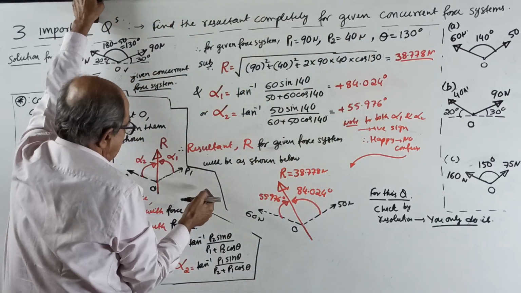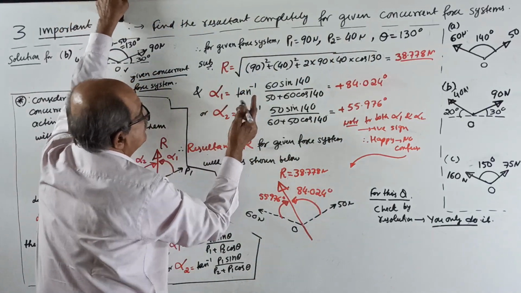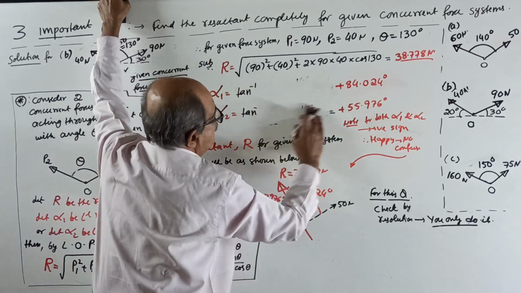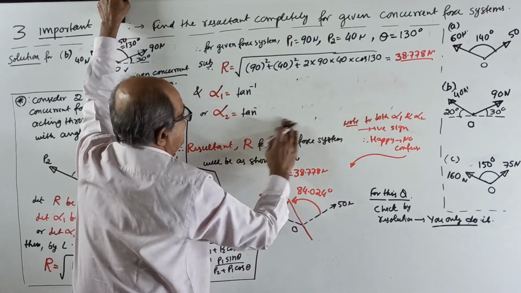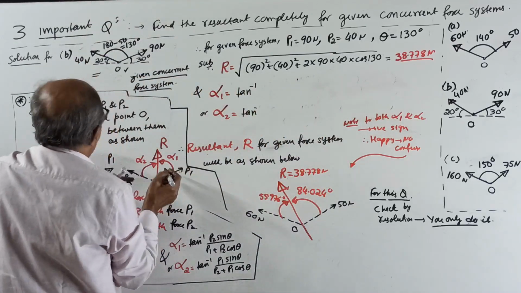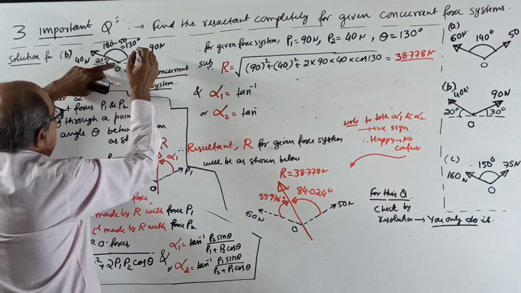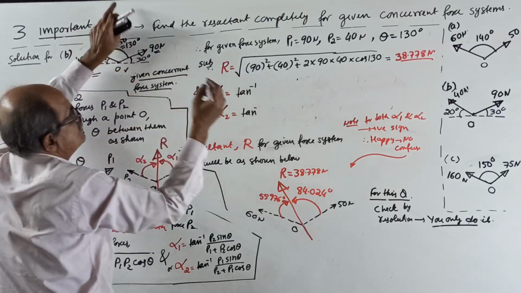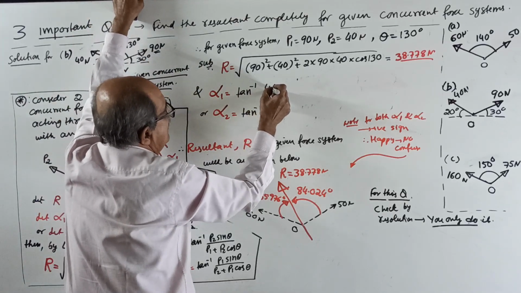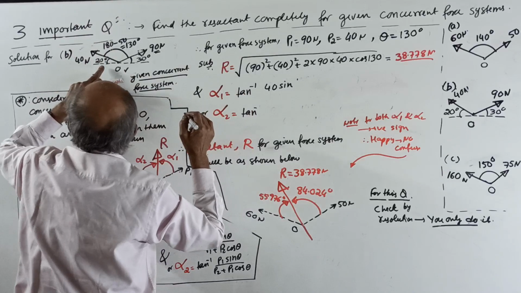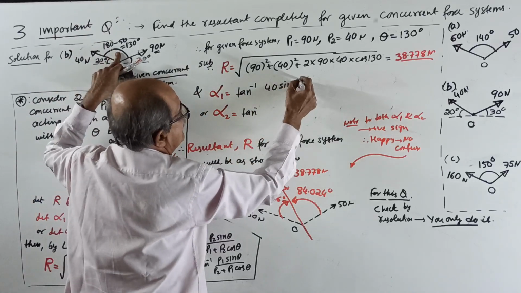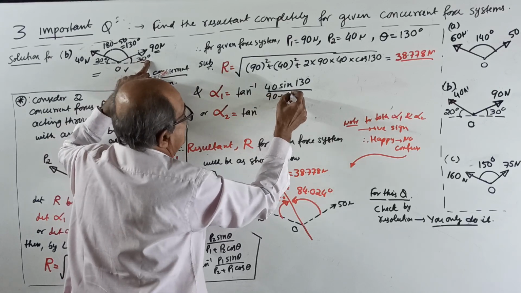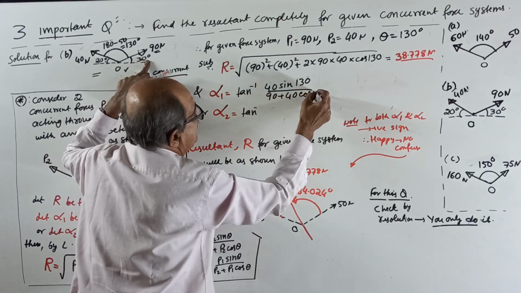And alpha 1, see, this alpha 1 is tan inverse of... okay, I rub everything. Sometimes I only use my hand. See, if you want the angle with the 90 Newton force, alpha 1, it is tan inverse of the other force, 40 into sine of 130 degrees, divided by this force, 90 plus 40 into cos 130.